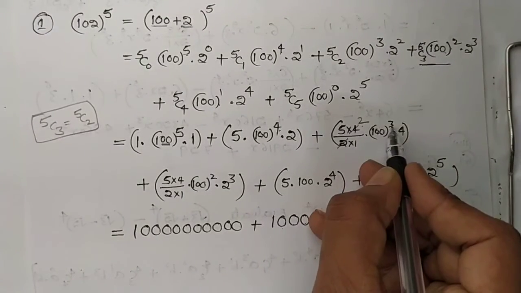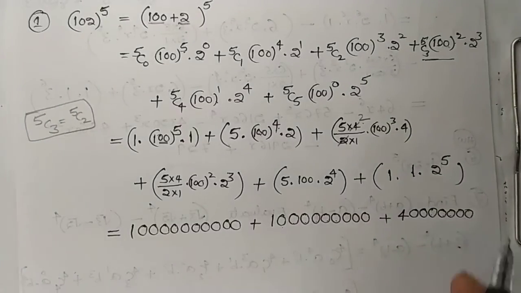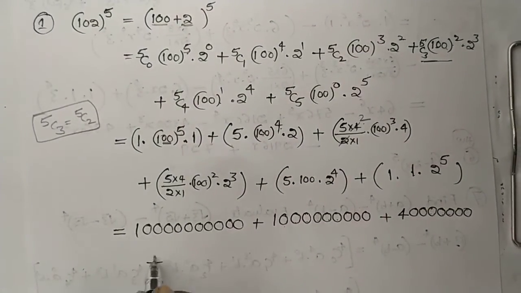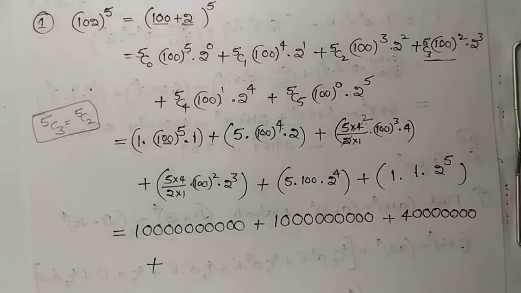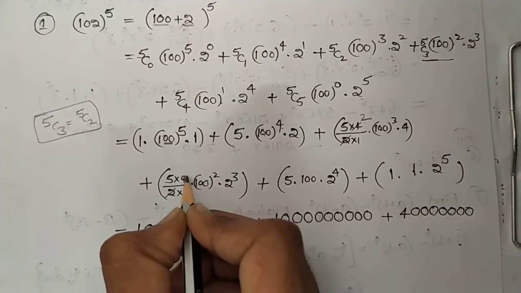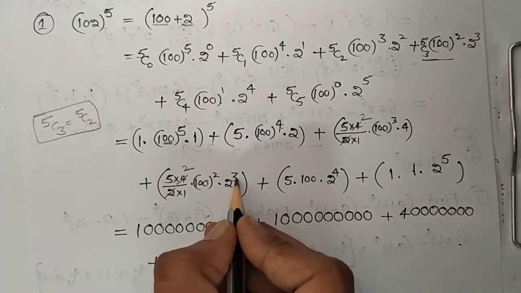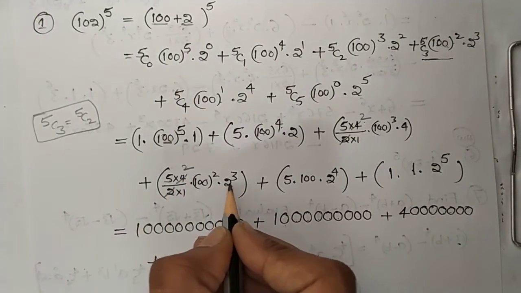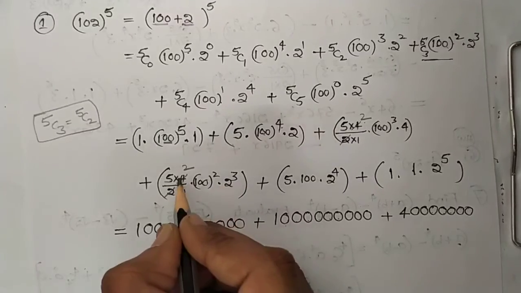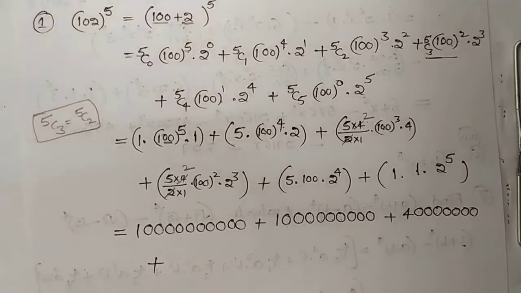Next, plus. Here also the terms will get cancelled. 5 twos are 10. 2 cube is 8. 8 into 10 is 80.